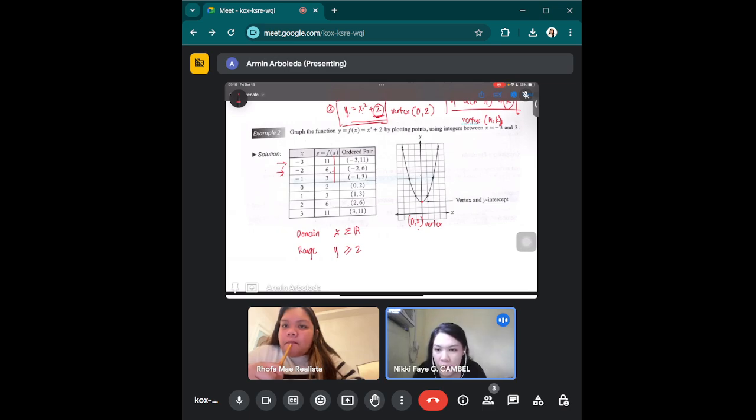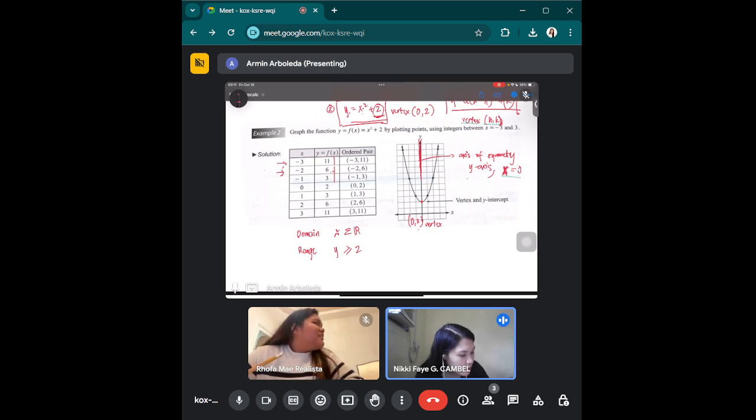It's also facing upward, and here the axis of symmetry is the y-axis, and this has the equation x equals 0.